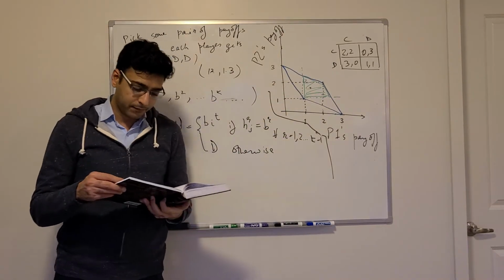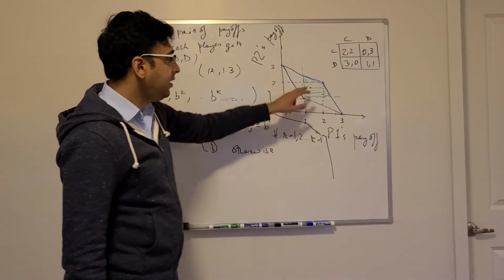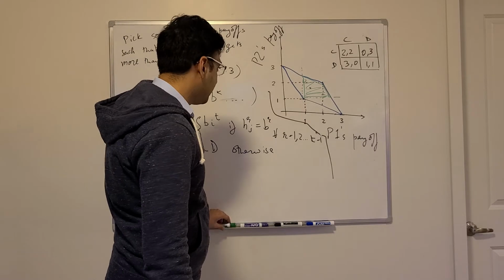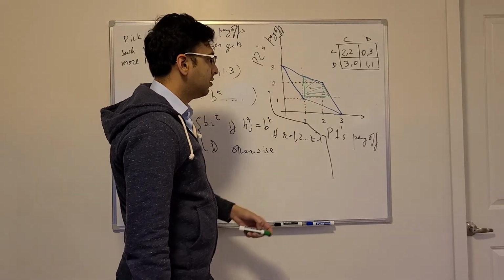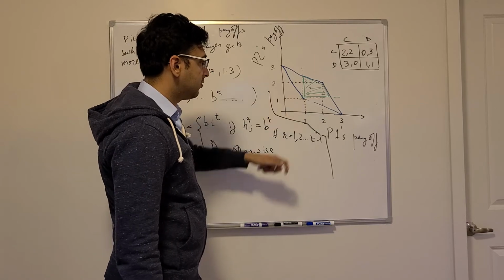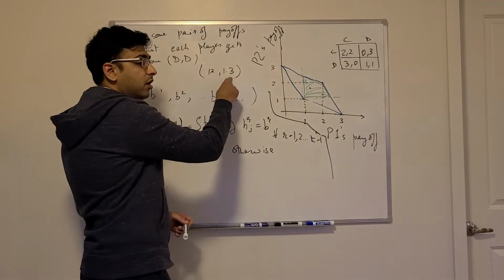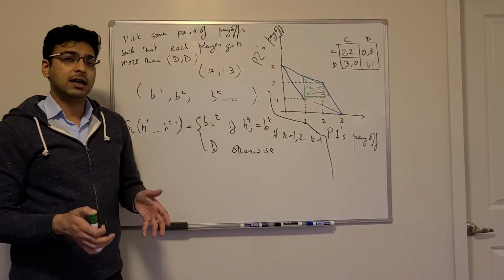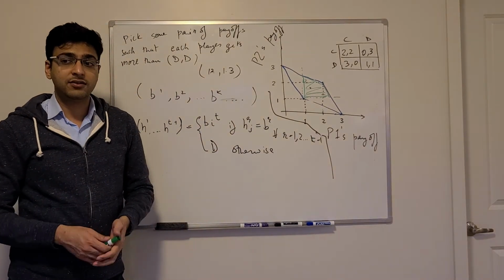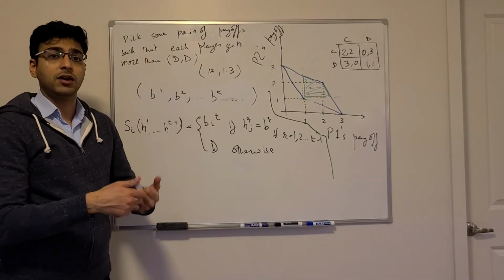The second thing is, for any of the points within this green region, as long as it's not on this line, as long as you pick those 2 points such that each value is greater than 1 strictly, you can find a delta, a level of patience, such that that outcome can be sustained as an equilibrium outcome.